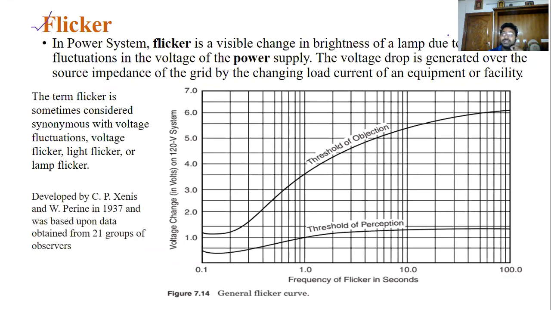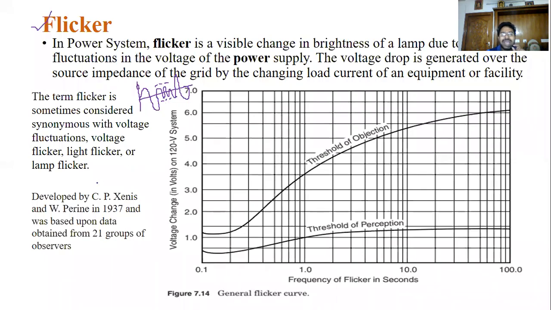Remember, if there is a voltage sag and the human eye is unable to identify these low voltages, that is not flicker. One reason for flicker is low voltage levels.